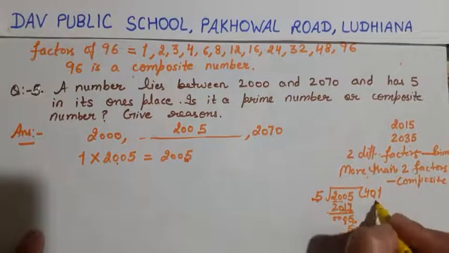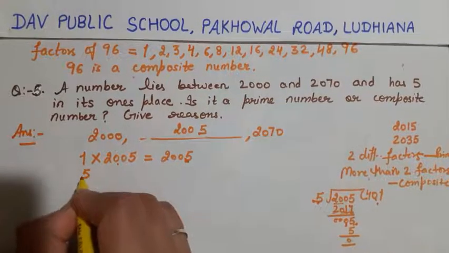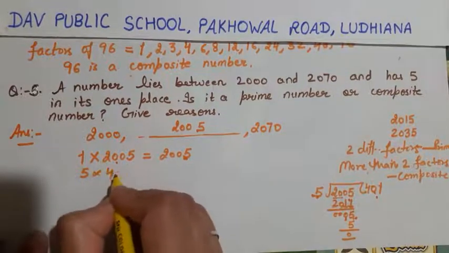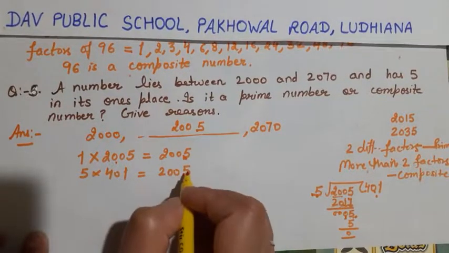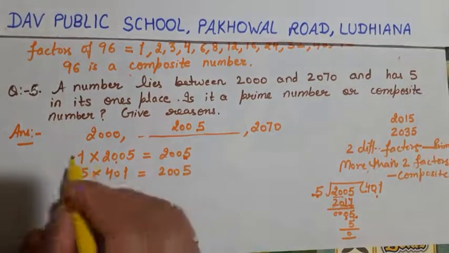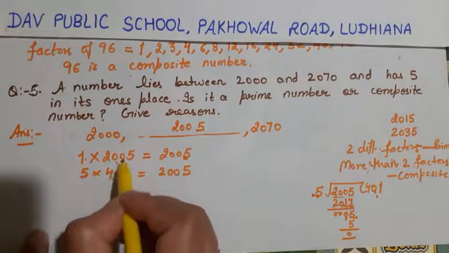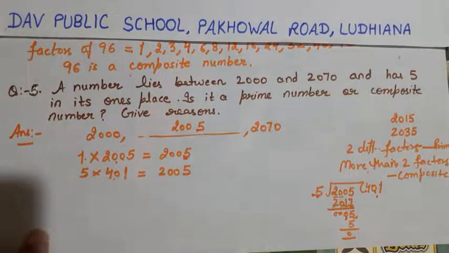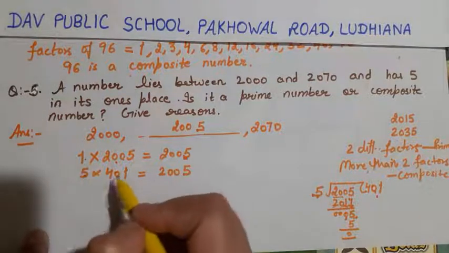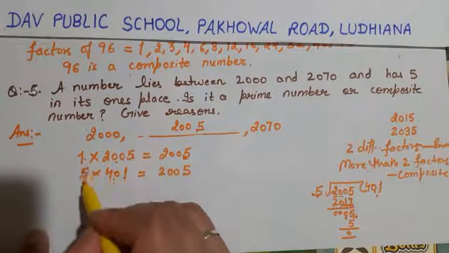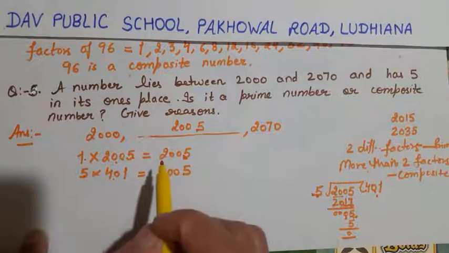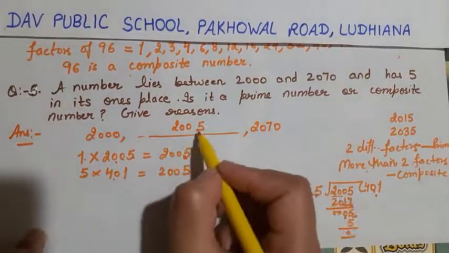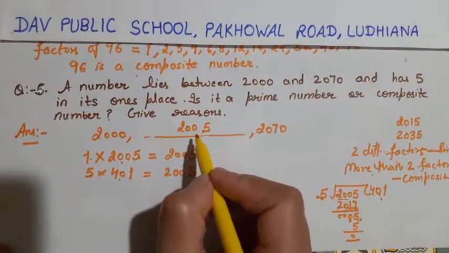So 5 multiplied by 401 is 2005, right. As you can see, it has 4 factors. Other factors can be there, but we have found here 4 factors. That is, it has more than 2 different factors. So obviously 2005 is a composite number.